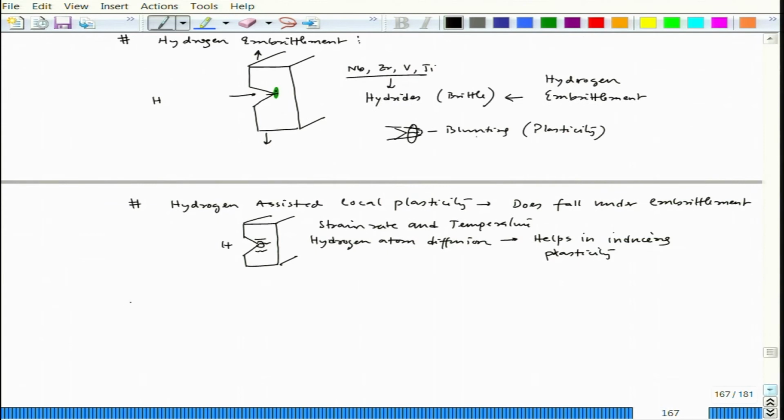Now, we have hydrogen blister. In the case of hydrogen blister, as we have discussed before, it is associated with hydrogen gas. In the previous three cases, we do not have a hydrogen gas related problem.